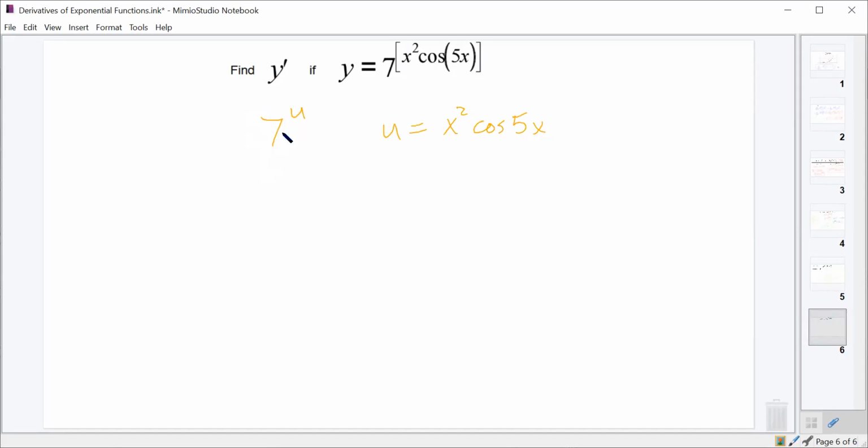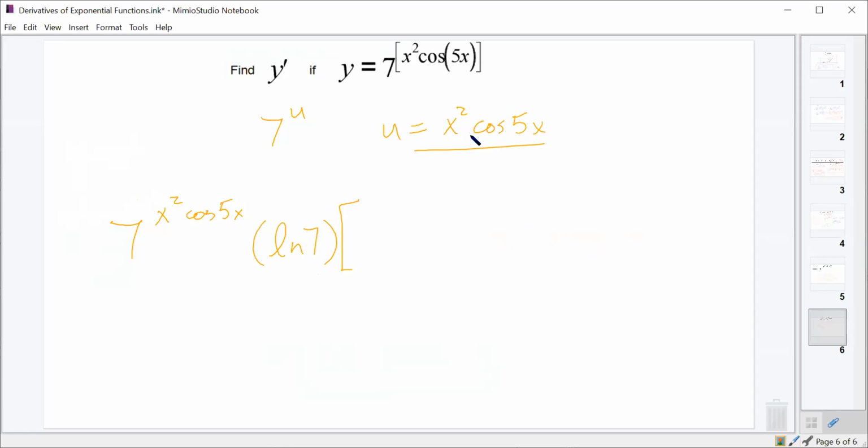So the derivative ought to be 7 to the u times what? What does our rule say? Natural log of 7. Times the natural log of 7 times the derivative of u, which I'm going to have to use the product rule for.